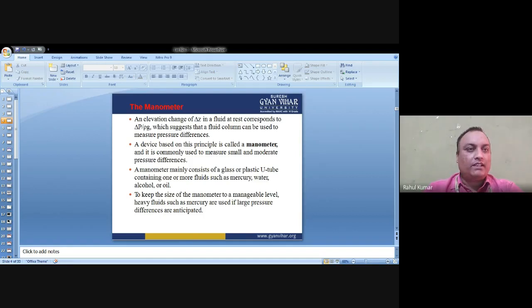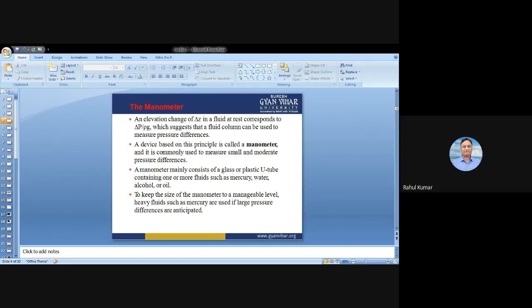Manometers are of different types. Some are simple manometers and some are differential manometers. A simple manometer consists of three types: the piezometer, the U-tube manometer, and the single column manometer.